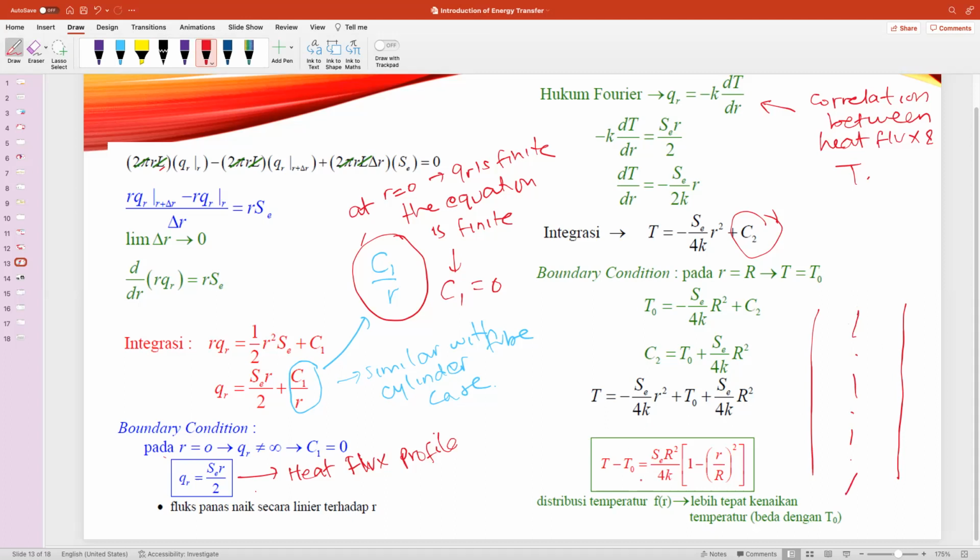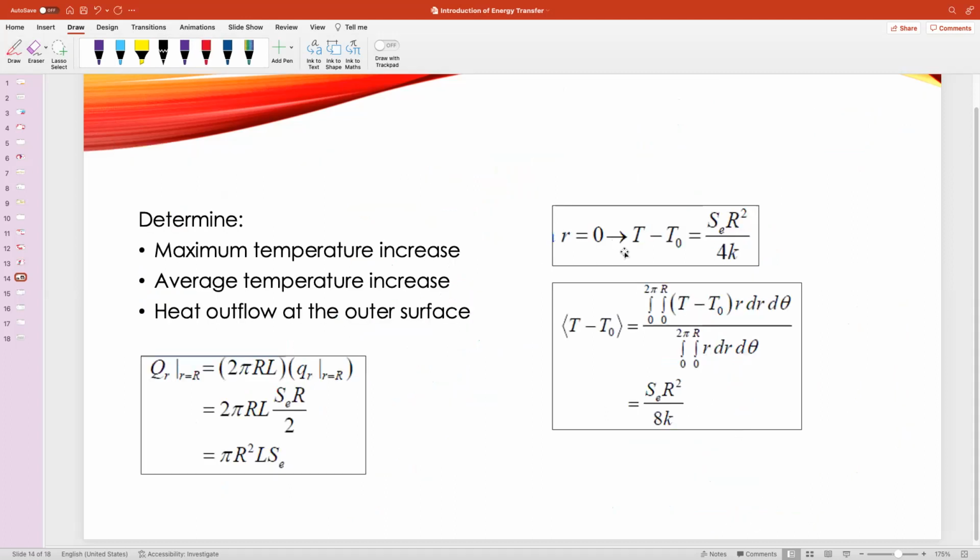If you want to see T minus T0, the highest generation would be on the inside. So when R equals 0, that would be the maximum temperature increase.